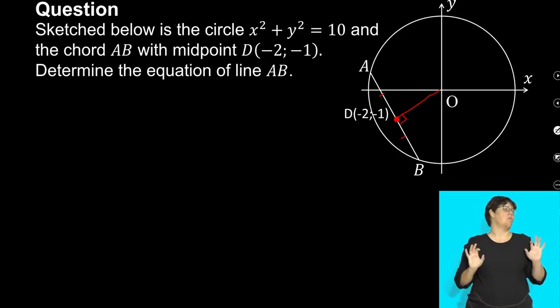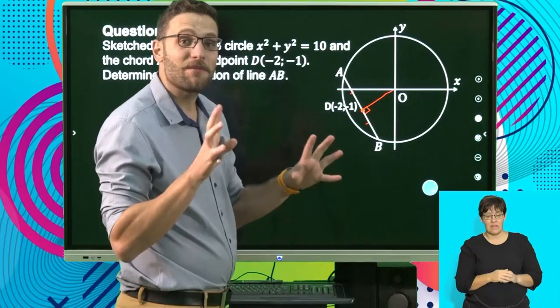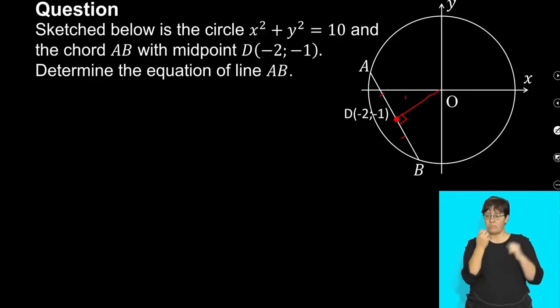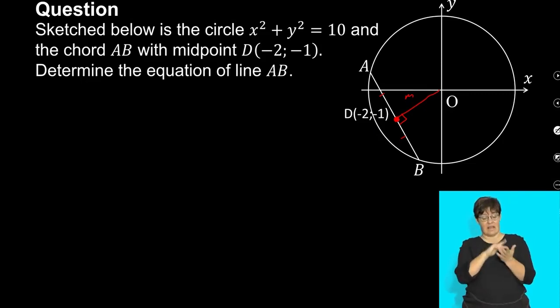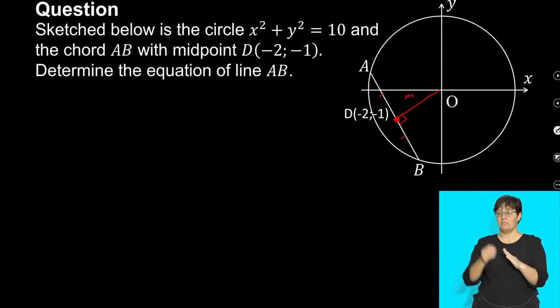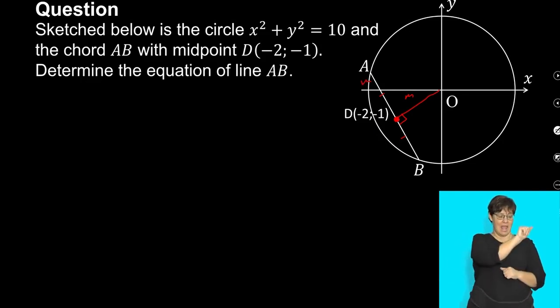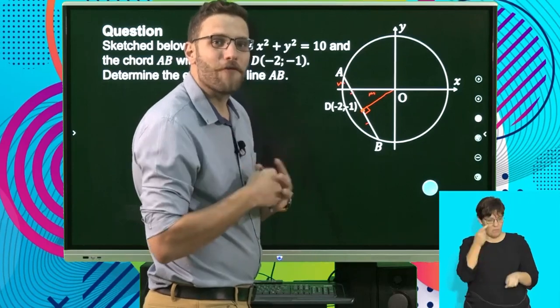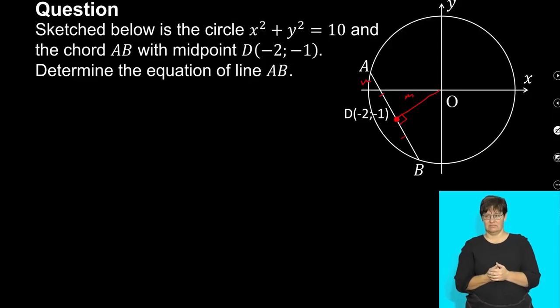This is great because we spoke about perpendicular lines in a previous lesson. If I can work out the gradient of the line from the center, then I can work out the equation of line AB, because those are perpendicular lines. So the gradient formula is this.